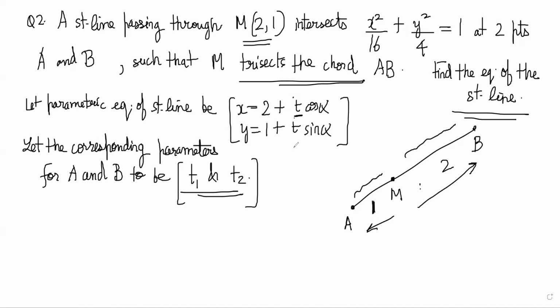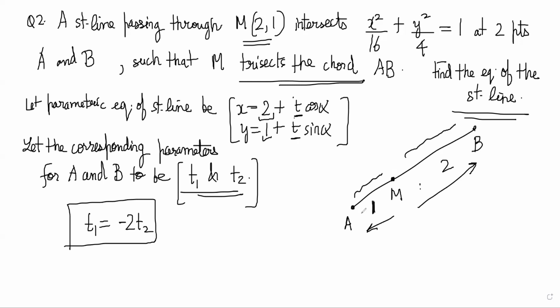Here T is the distance from the fixed point, right? As I said earlier, if you go one direction, you take it as a positive sign, and if you go the other direction, you take it as a negative sign.